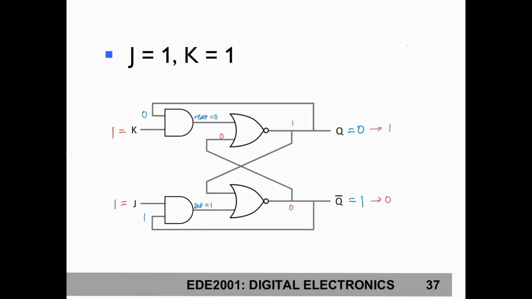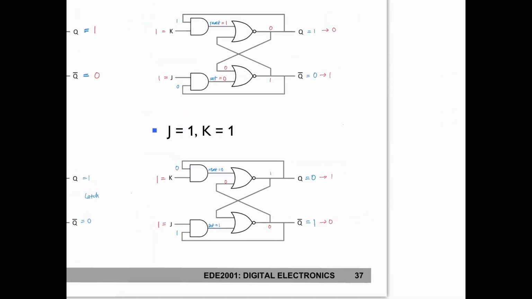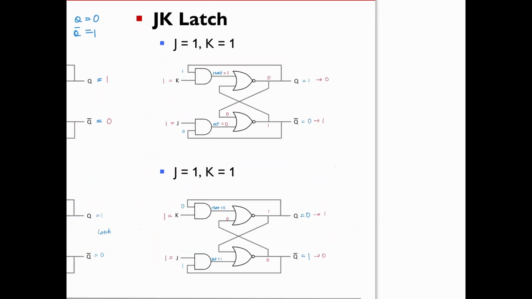So what you have here is that when J equals 1 and K equals 1, the output will toggle. You will toggle from 0 to 1, then from 1 to 0, then from 0 to 1 again. So you will just keep on switching repeatedly.